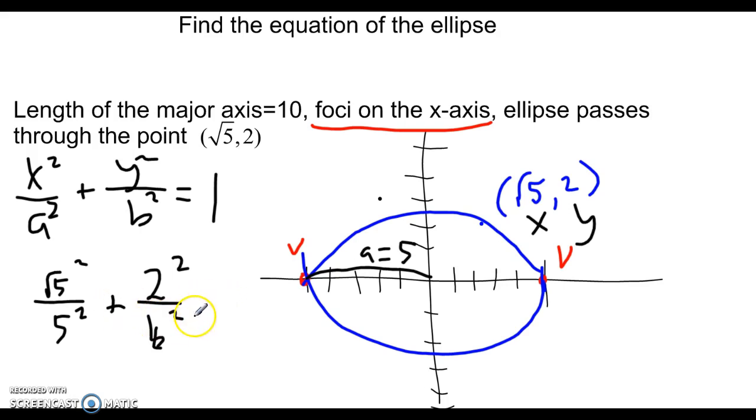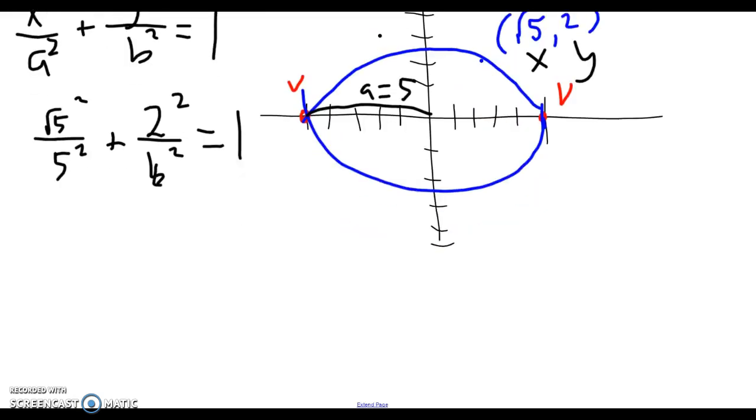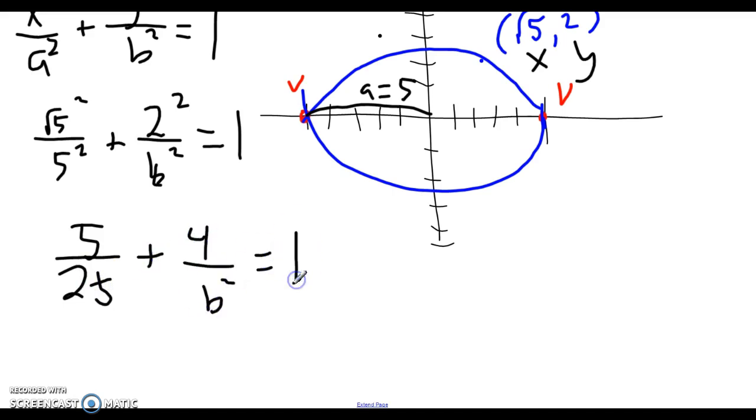Okay, so now equals 1. Now it's just a matter of solving this equation. I think it's going to take a little bit of work. But we have 5 over 25 plus 4 over b squared equals 1.